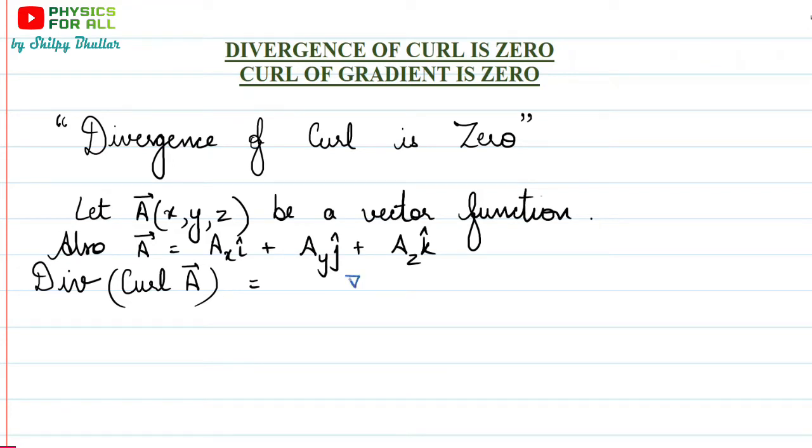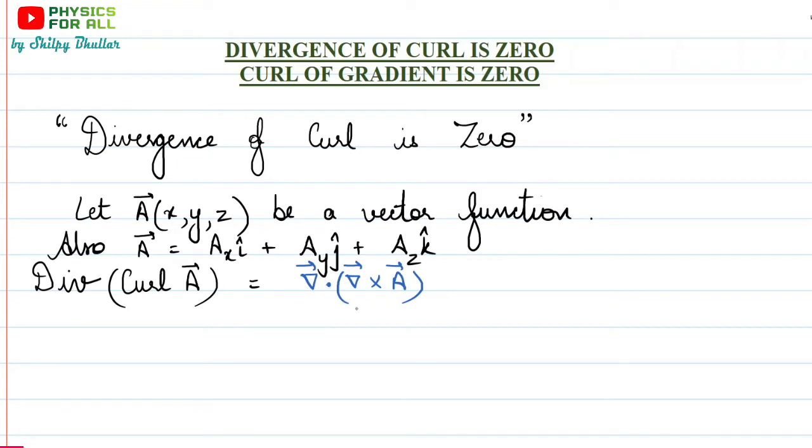Curl of A means del cross A, and then you have to take divergence, because it states divergence of curl is 0. So first we will find curl of a vector, and then we'll take divergence of the result, and that result would come out to be 0. So divergence is shown like this with a dot. Curl involves cross product and divergence involves dot product, so we have mentioned it like this.